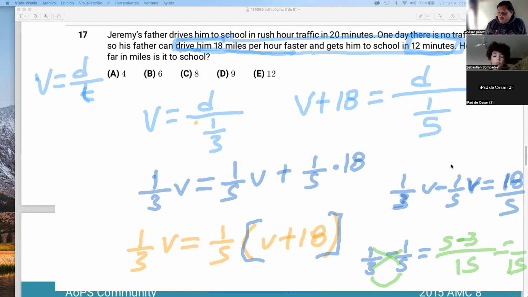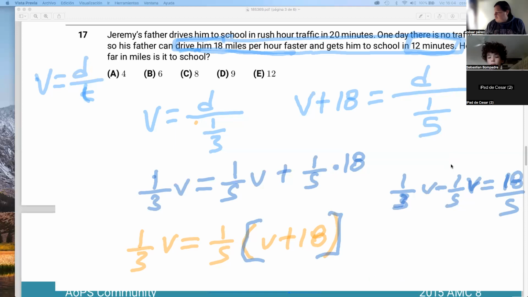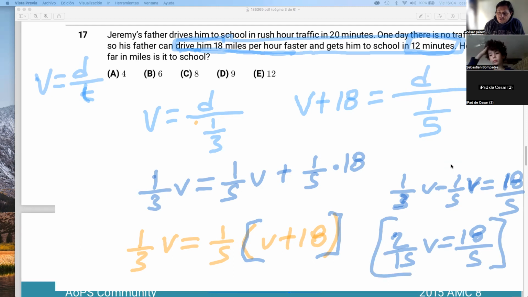So we have that 2/15 V equals 18/5. We can multiply both sides by 15/2.